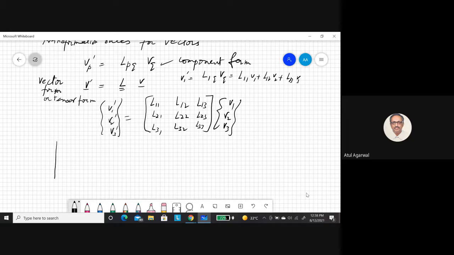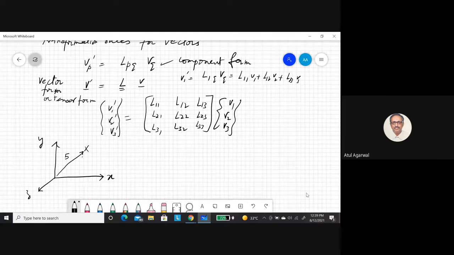I'll just take a small example to clarify a few things. Suppose I have a vector here. This vector has magnitude root 5, and you can say it has components.